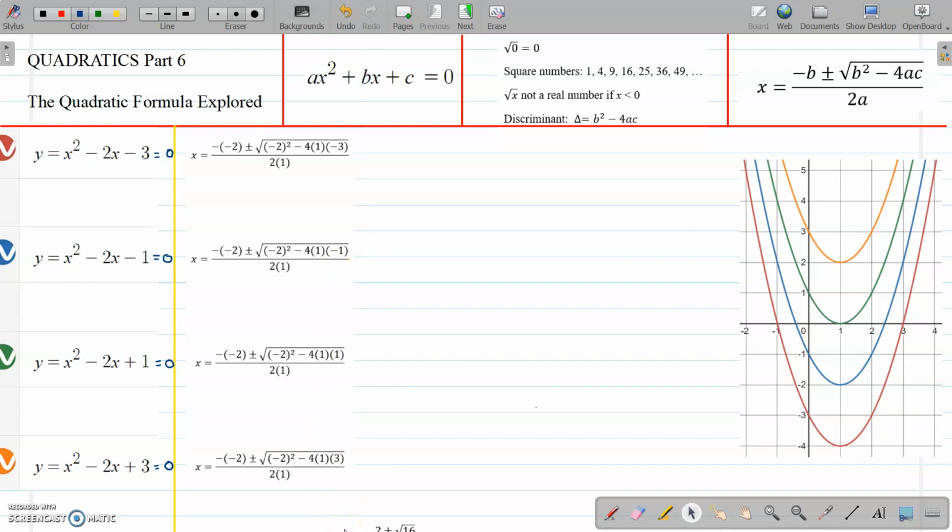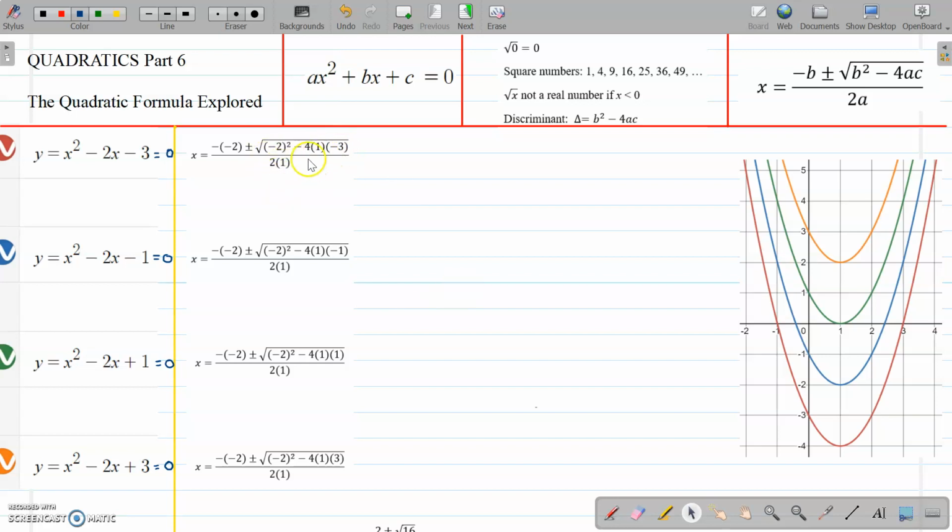I've used the convention of replacing the letter with the relevant number in brackets, so it could be entered onto a calculator exactly like that if you wanted to. Here we have that b is -2, so I've put that in there from the formula, and c is -3 and a is 1.